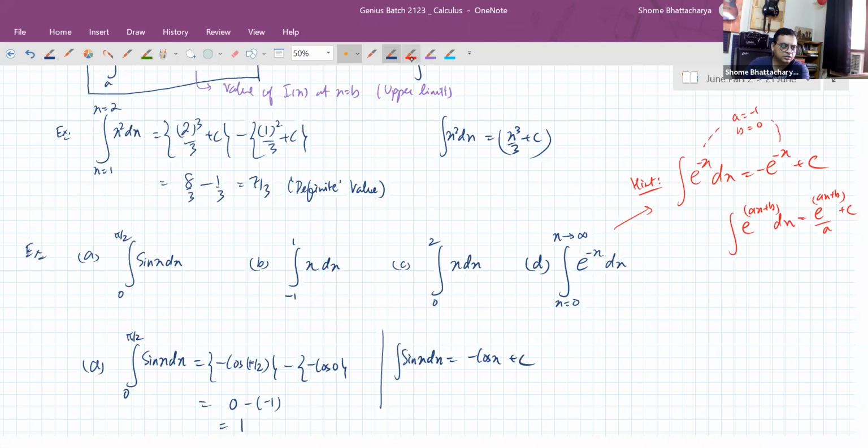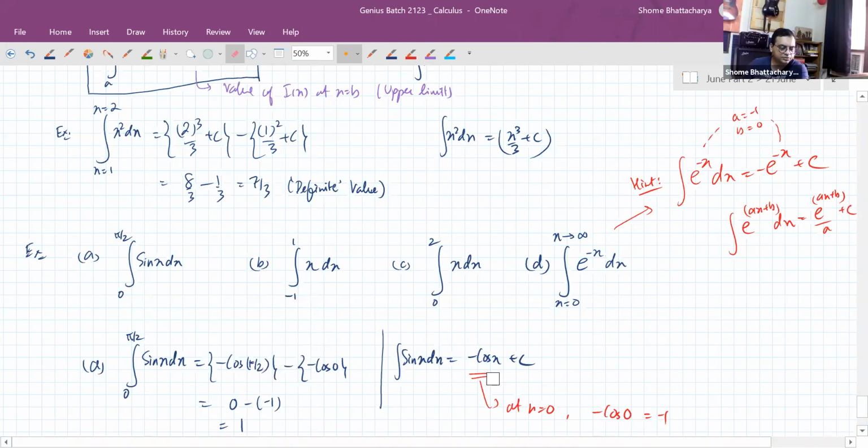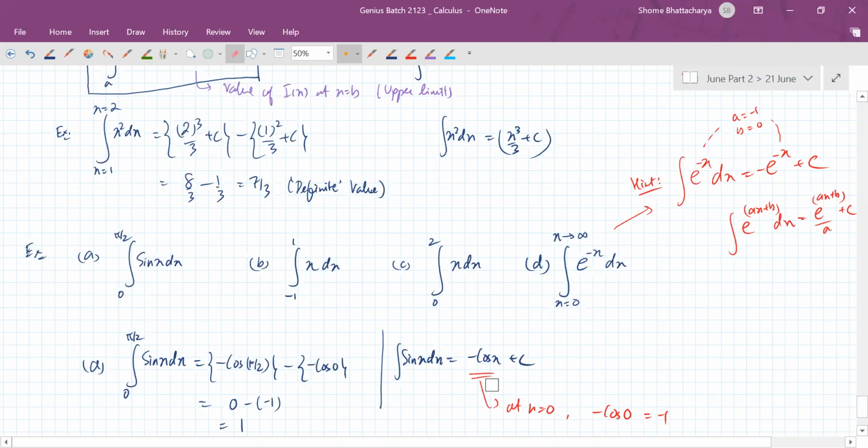Understanding now? The value of this function at x equal to 0 is minus cos 0, so it's minus 1. So it's upper limit minus lower limit. Is it clear now? No, sir. What is the problem, beta? Tell me which part is the problem. I'm just not getting how you got cos 0 as 1.